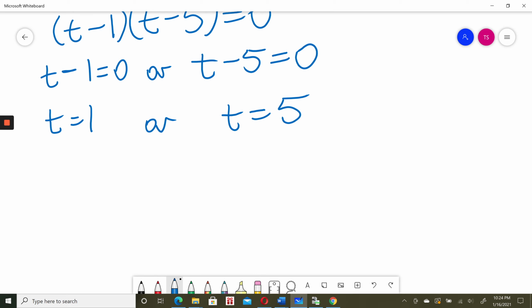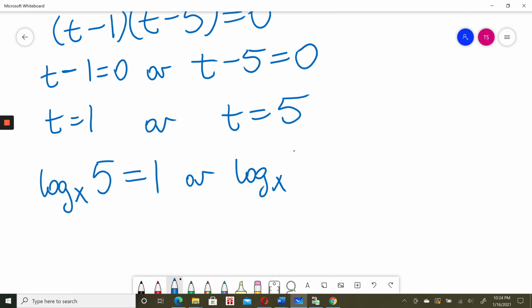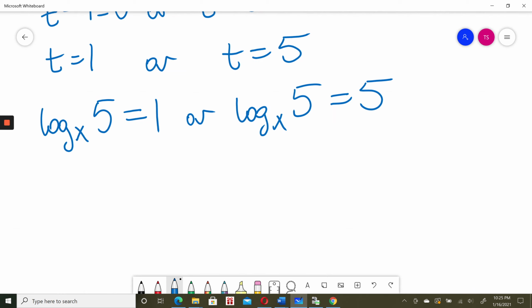Now substitution back. What was my t? My t was log with base x of 5, and this has to be 1, or log x 5 is equal to 5. Now from the definition of logarithm, I know that x to the power of 1 has to be equal to 5, or x to the power of 5 is equal to 5.